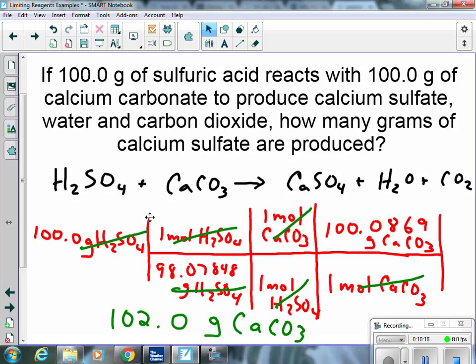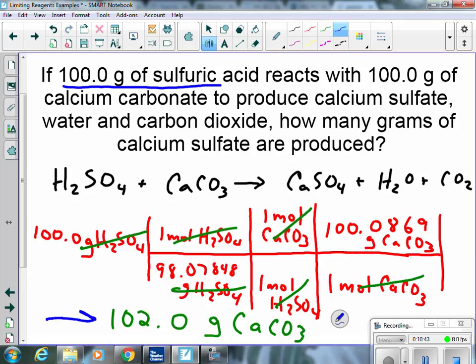Now, what does this tell me? It tells me that if I have 100 grams of sulfuric acid, how much calcium carbonate do I need to react with that exactly? 102.